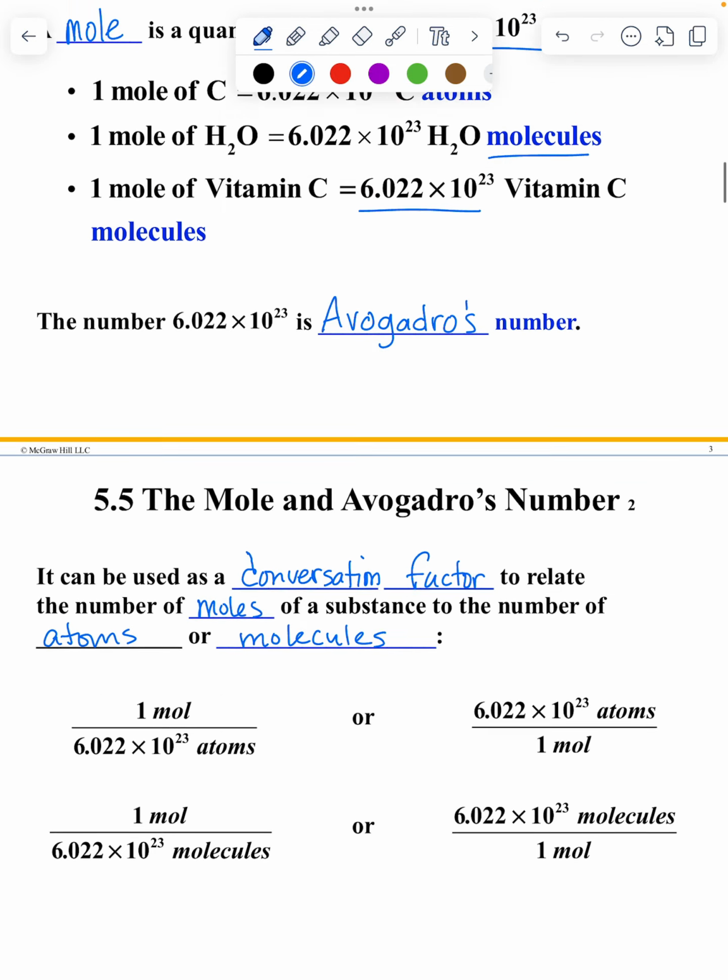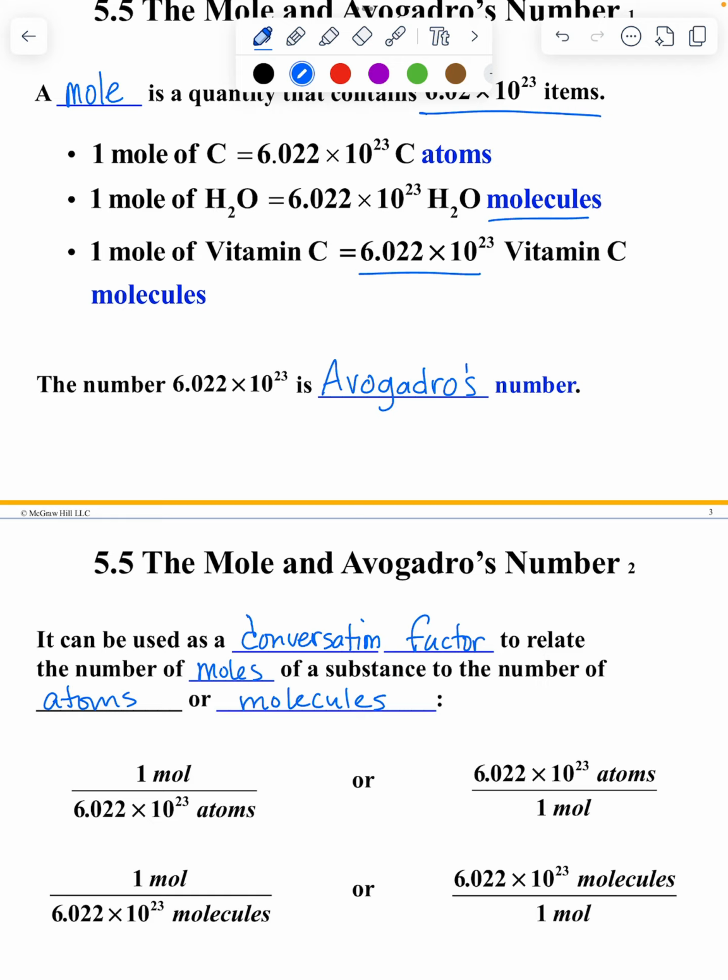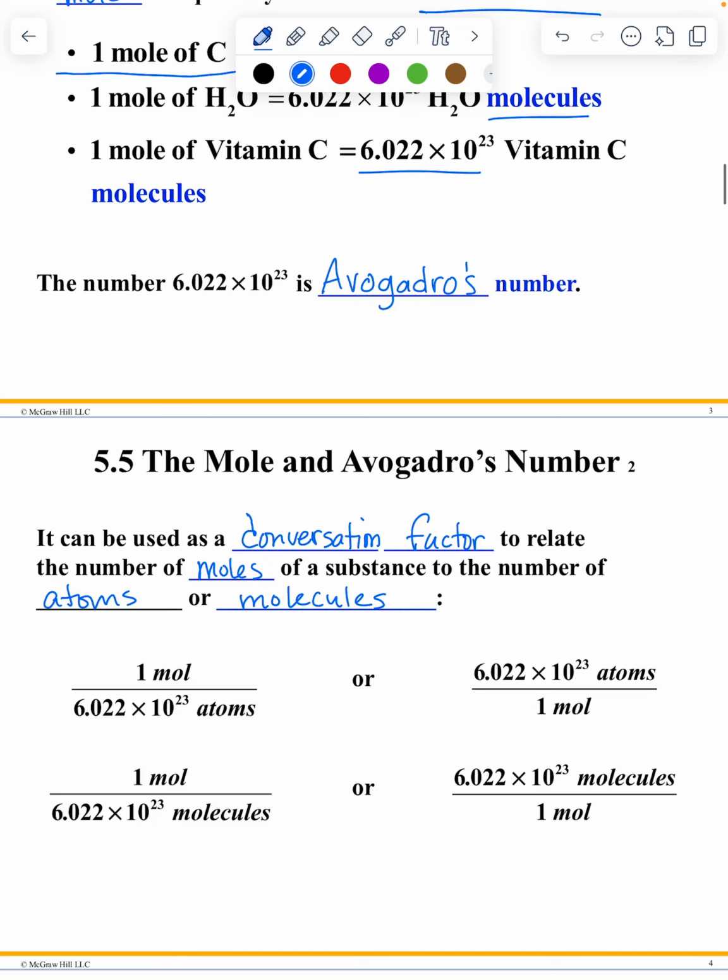We see an example here. Above we saw that, for example, 1 mole of carbon is equal to Avogadro's number of atoms. That is the equivalent that we've written, and we can simply turn those into conversion factors by writing a fraction for this relationship.